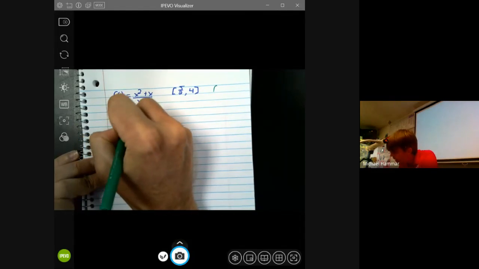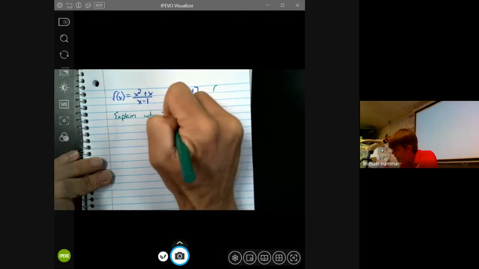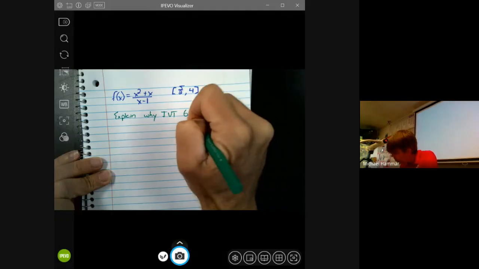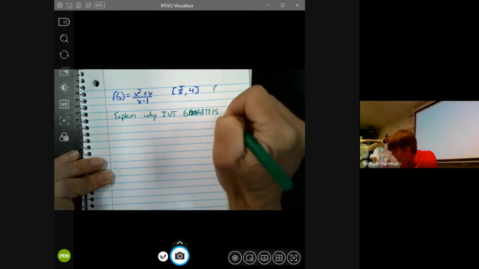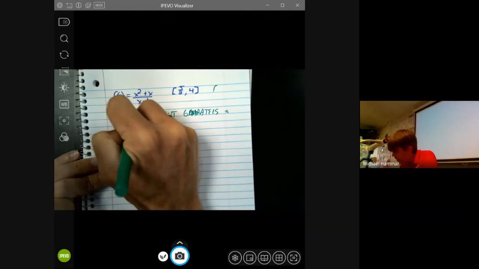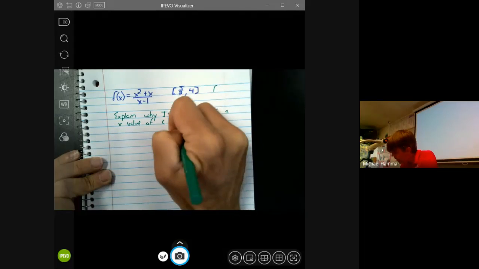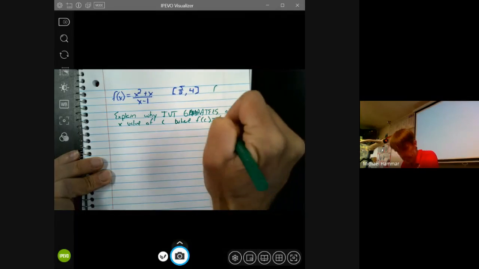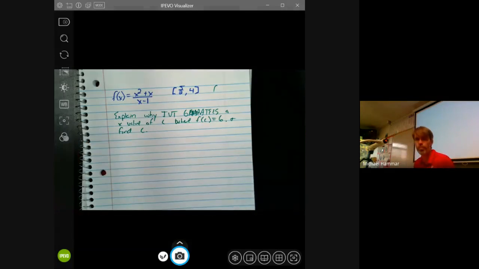Explain why IVT, which is the intermediate value theorem, guarantees a x value of c where f of c equals 6. And then it says, and find c. Okay, so this is how this is applied.